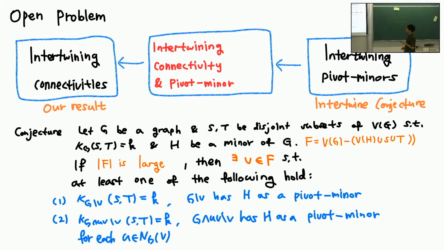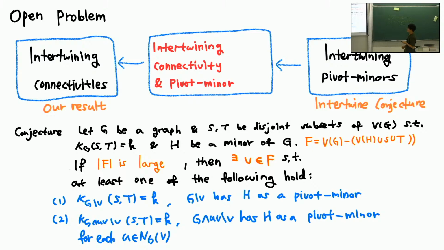So now let me finish by introducing some open problems and explaining why the intertwining conjecture implies our result. First, the intertwining conjecture is about intertwining two pivot-minors, and our main result is about intertwining two connectivities.